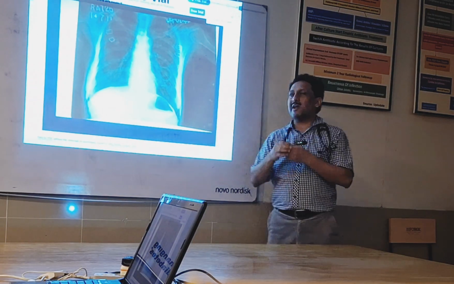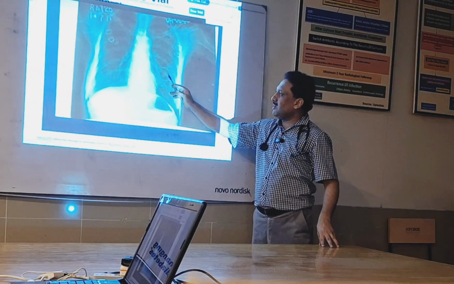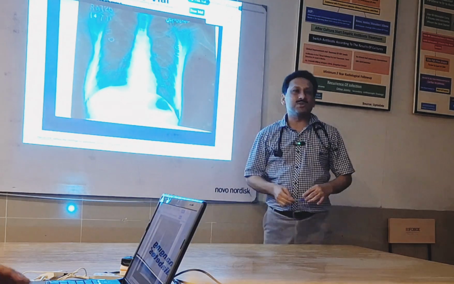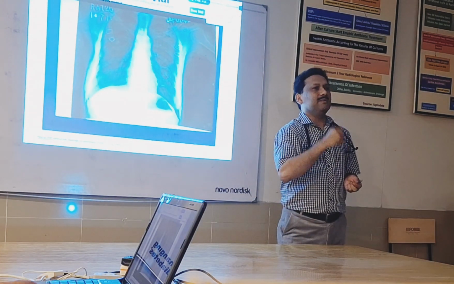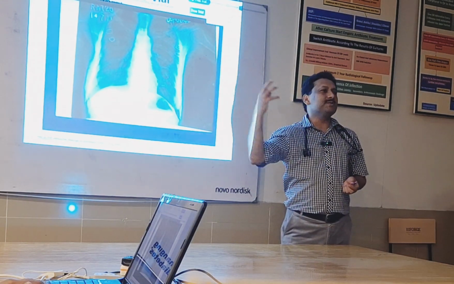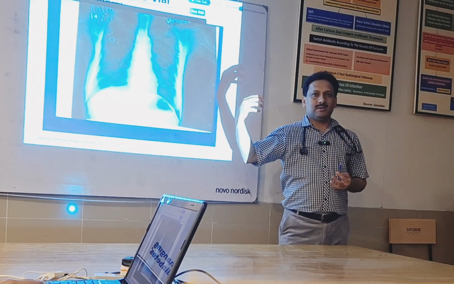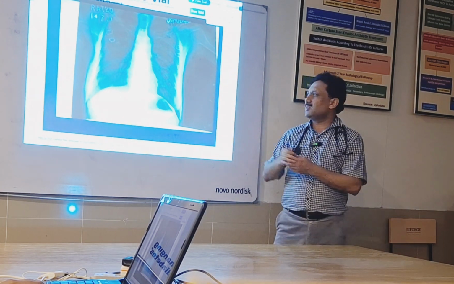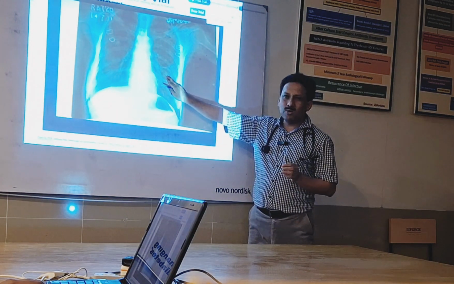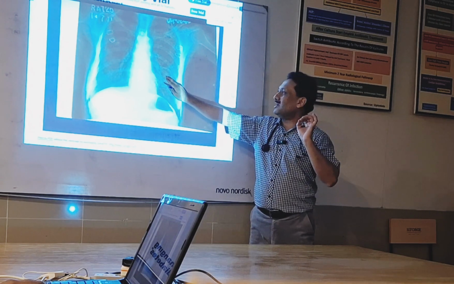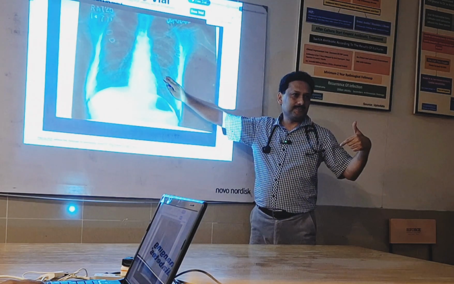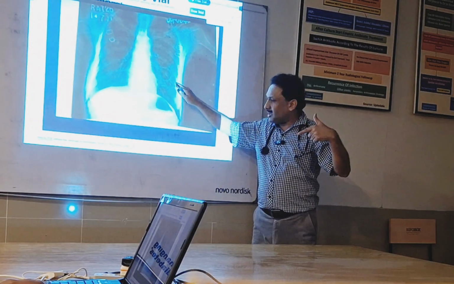So if you ever see a cavity with this kind of soft opacity, we call them soft shadows. Why do we call them soft shadows? Because this shadow is not denser than bone, not even like bone.